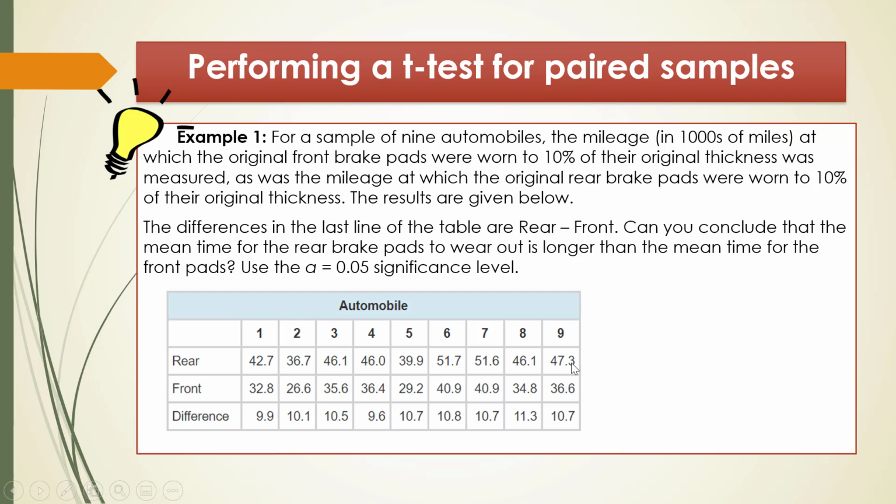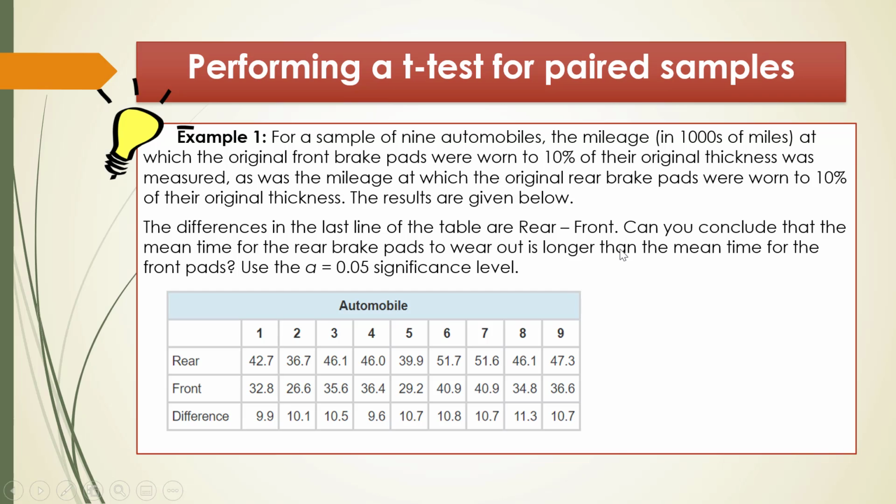So here this is the data set. We see that the first line is the time for the rear brake pads to wear out, and the second one is for the front brake pads, and we have the differences here. Basically we take the rear subtract the front.